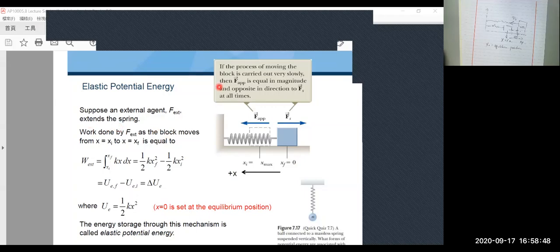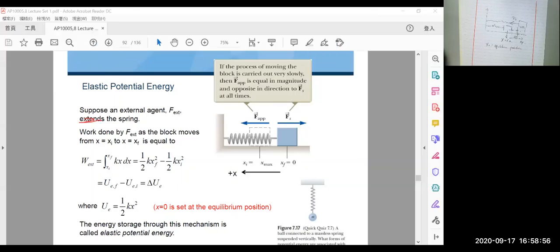So I may just try to put it as compressed. And if the thing is considered as compression, it may be easier to figure out. So here you have a compression of the spring. But let's say the compression direction is taken as positive x.